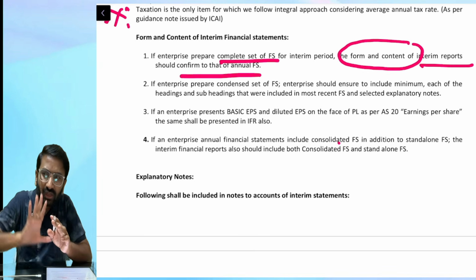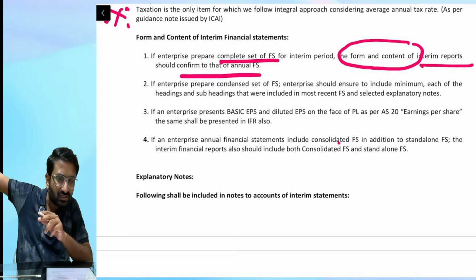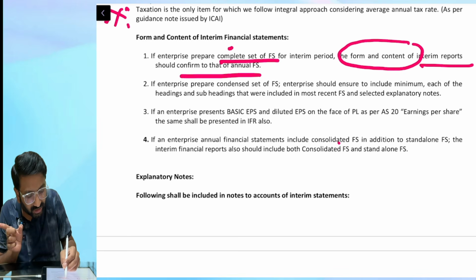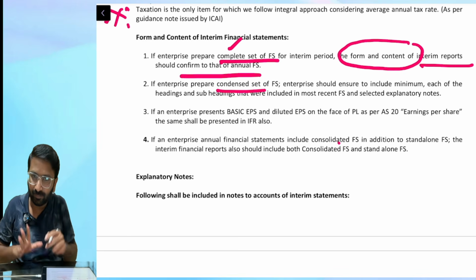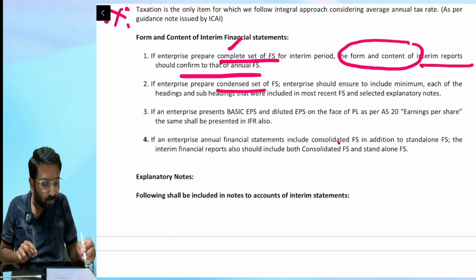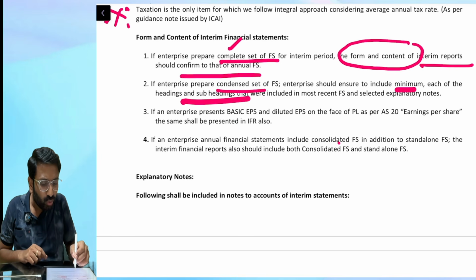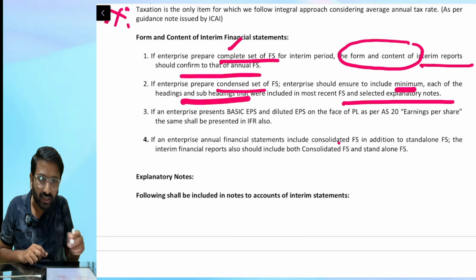Is that clear? So whatever format I follow for AFS, the same format should be there for IFR also. Next one. Instead of preparing a complete set, if you are preparing a condensed set, then you should maintain minimum headings and subheadings, and you need to prepare selected explanatory notes.